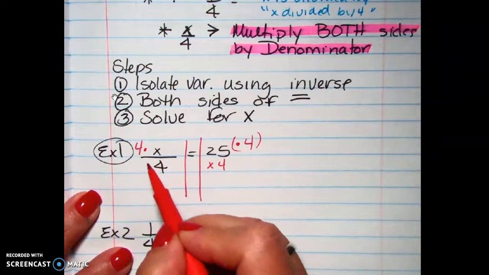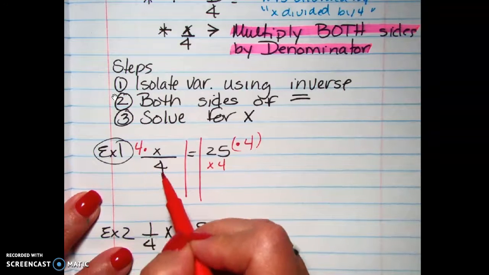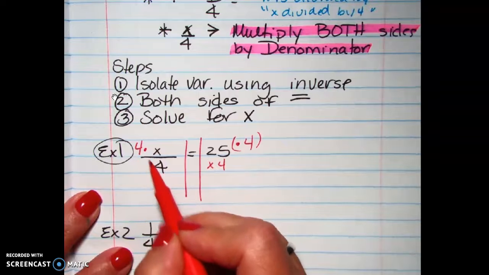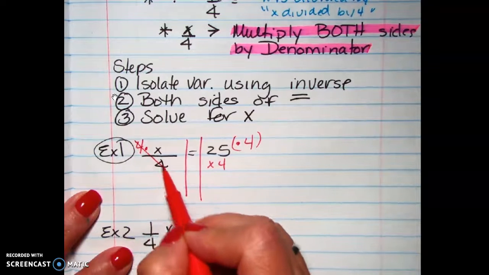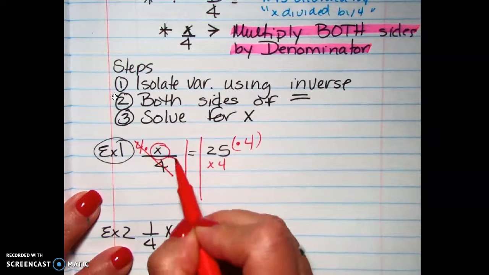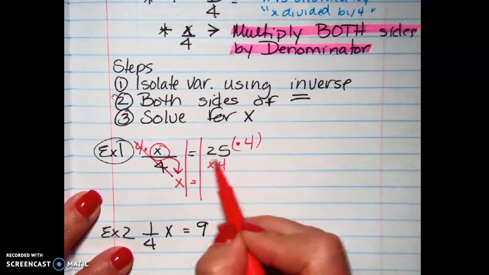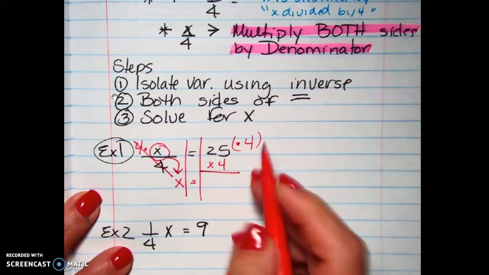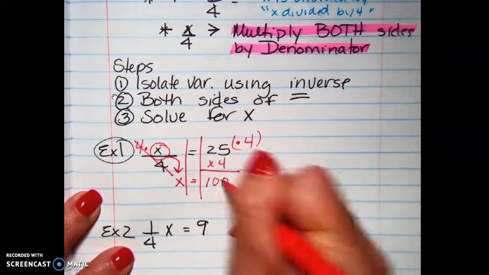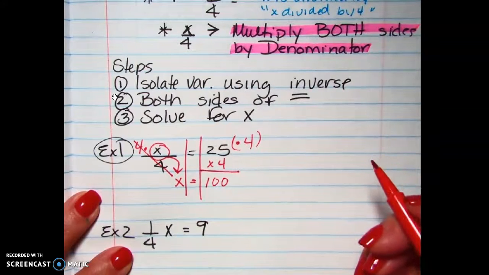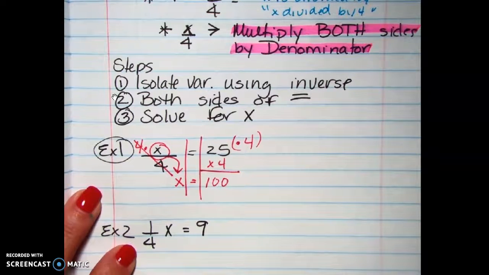So what happens is when I have 4 over 4, which is 4 divided by 4, it actually cancels each other out. It leaves me x equals, and then I can work out my 25 times 4, which is 100. And I solve the same way I've been solving all along.